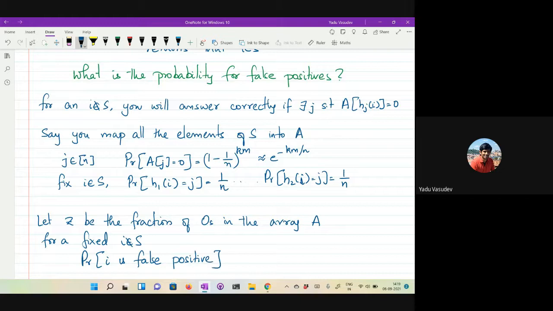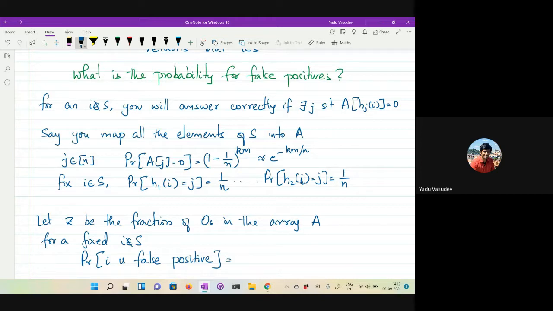What is this probability, if Z is the fraction of zeros in the array? Yeah, 1 minus Z to the k, right?